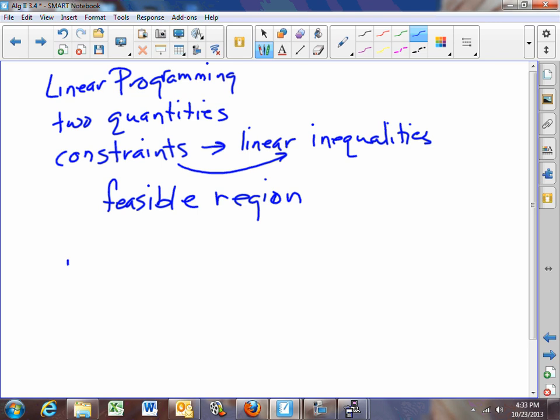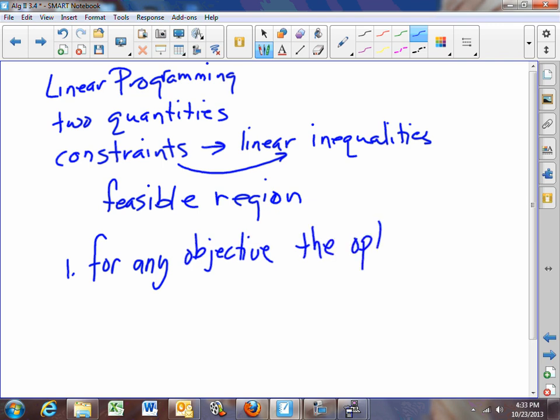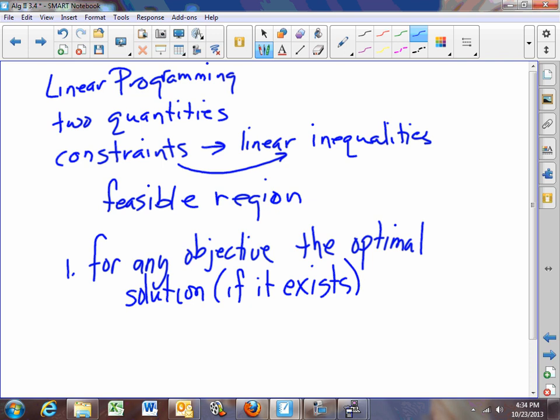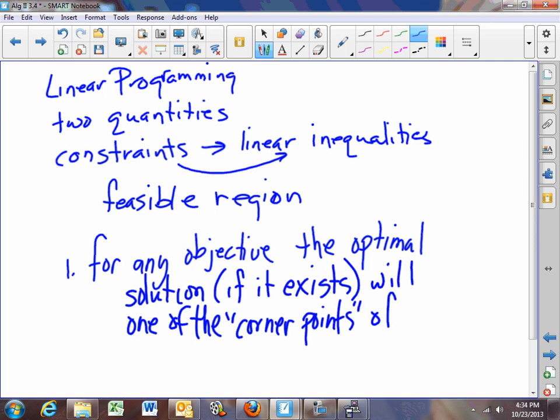Number one, for any objective, and an objective is something that you want to accomplish, the optimal solution, if it exists, will be one of the corner points of the feasibility region.